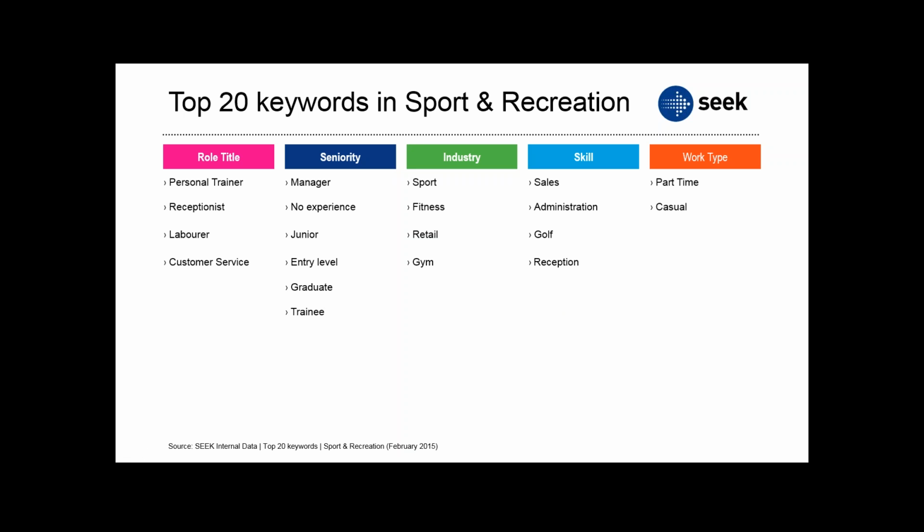So people will use these sorts of things to narrow down, but there's a real appetite for entry-level opportunities. So no experience, junior, entry-level, graduate, trainee. So there's a real appetite for people to want to move into this industry. If this is something that you're open to, I would absolutely be publishing these terms in the body of your ad to make sure that you're getting cut through with the most appropriate candidates.